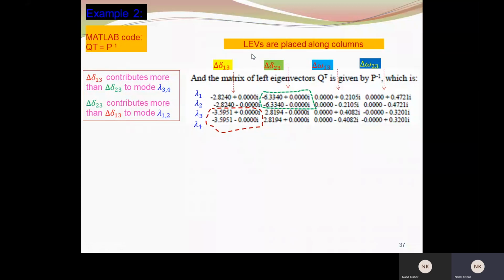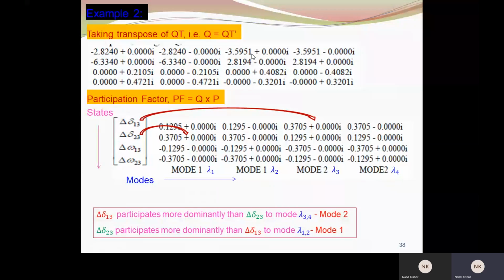Next, we move on to calculation of the participation factor. We have this matrix obtained from the previous step, where Q is equal to Q transpose here. And now we are interested in determining the participation factor. In the participation factor, along the rows we have the states, and along the columns we have the modes: lambda 1, lambda 2, lambda 3, and lambda 4.